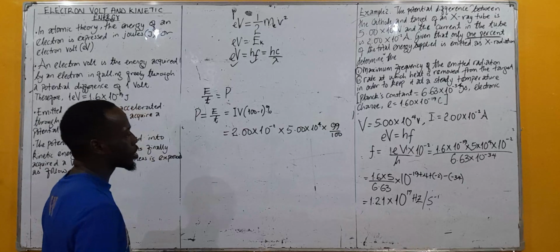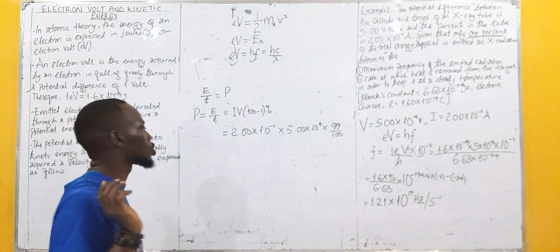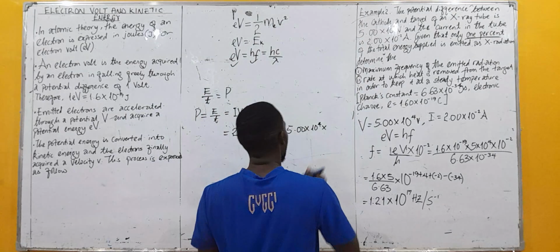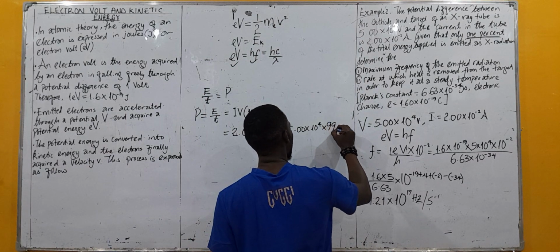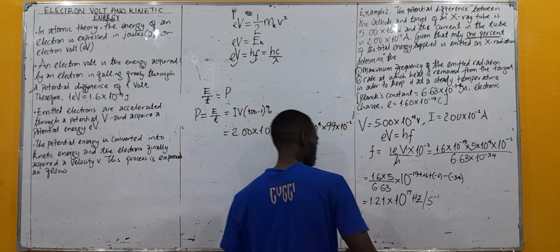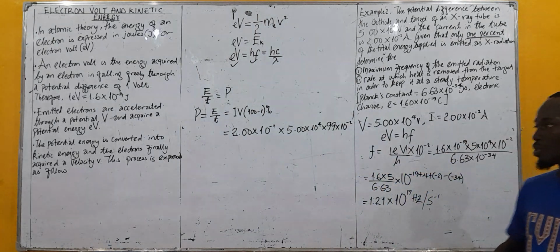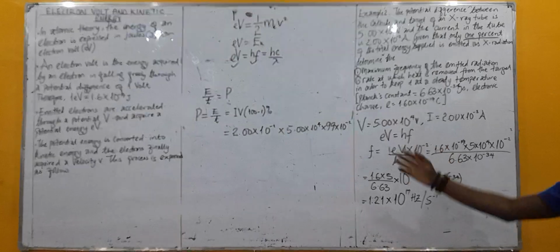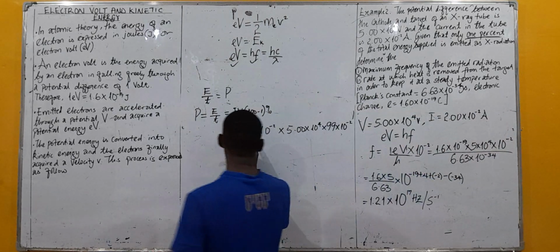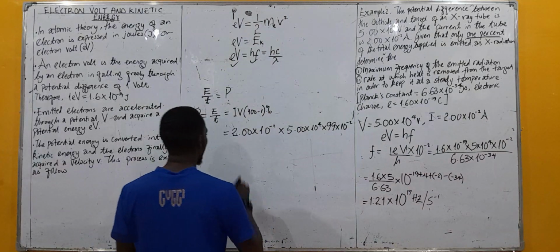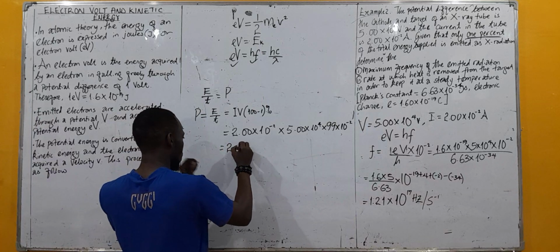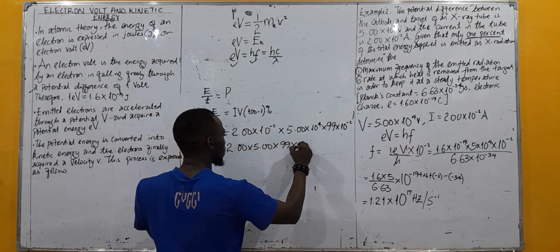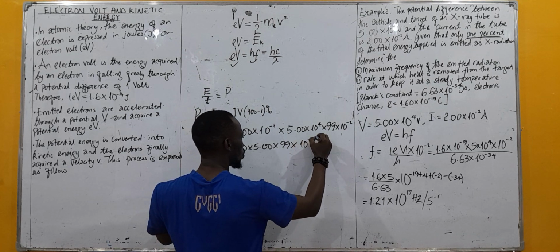99 over 100 is the same thing as 99 times 10 to the power minus 2. I love using this standard form; it makes work very, very easy. So we have 2.00 times 5.00 times 99 times 10 to the power minus 2, times 10 to the power 4.